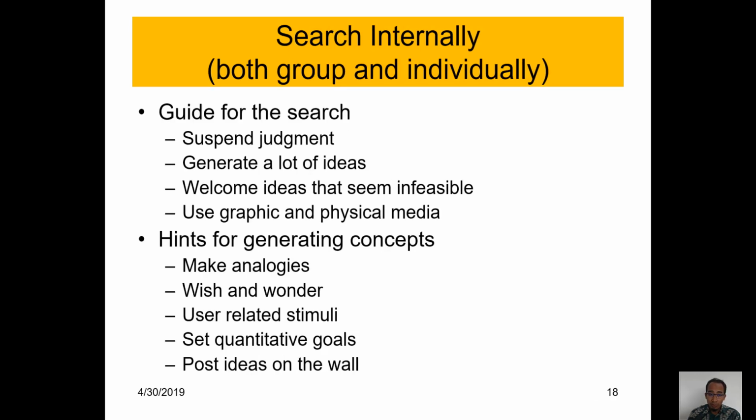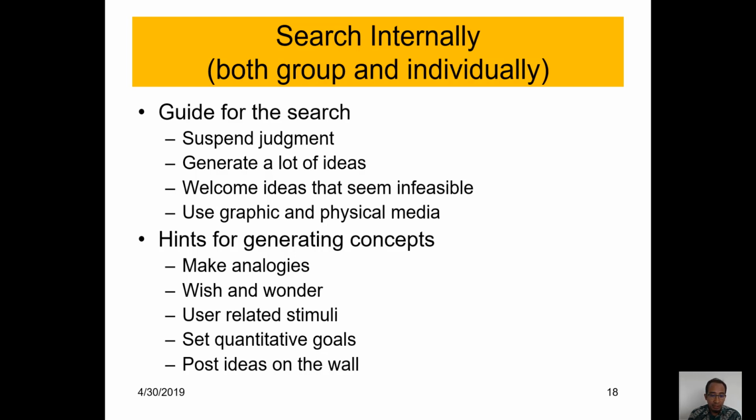We can do it in a group or individually, with a guide for the research. To make the research, there is a guide for that. We first need to suspend the judgment, and we need to generate a lot of ideas. We will come up with ideas that seem infeasible initially, usually, and then we use graphic and physical media.